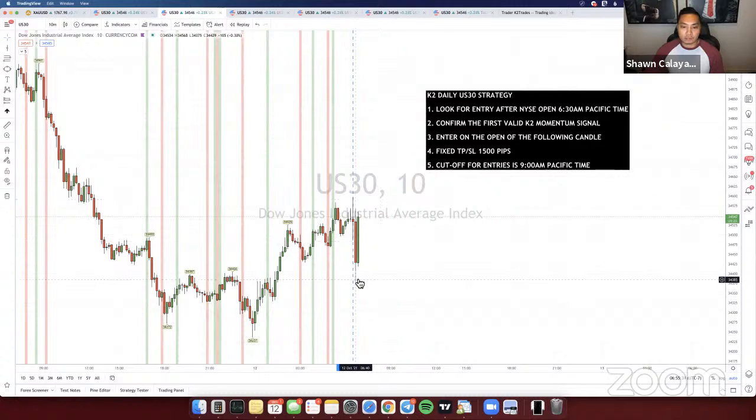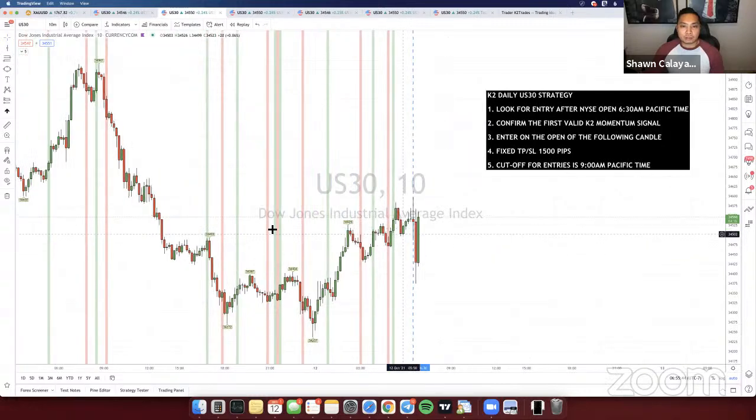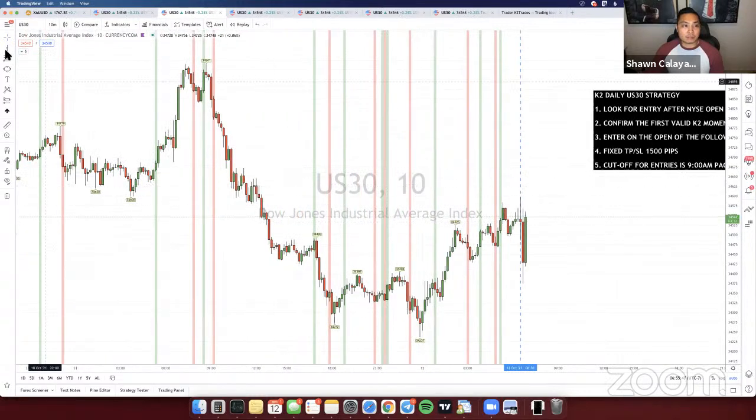The market opened here at 6:30. You're looking for the first valid K2 momentum signal after it, but I haven't seen anything here for the daily yet. So I'm not sure which one you saw. We did have one from yesterday, which was over here. This was yesterday's daily. So we mark up 6:30 right here. The first valid signal is right here. It's a sell signal with a red candle within it.